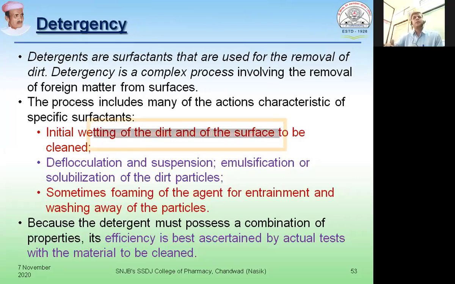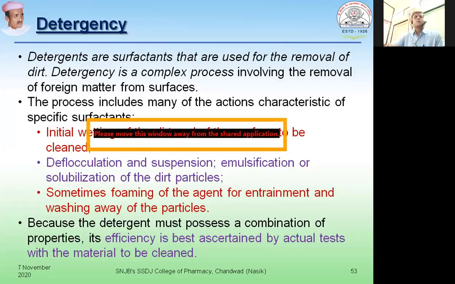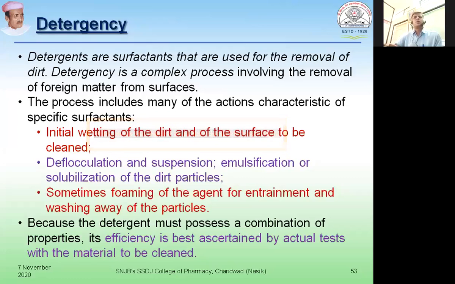Then flocculation, deflocculation or emulsification of dirt particle will take place within your washing vehicle, and this happens because of again surfactant property. And last is foaming, which is a property of surfactant which will help in entrapment of the dirt particle, helping us in washing away of dirt materials from the surface of the material or clothes.